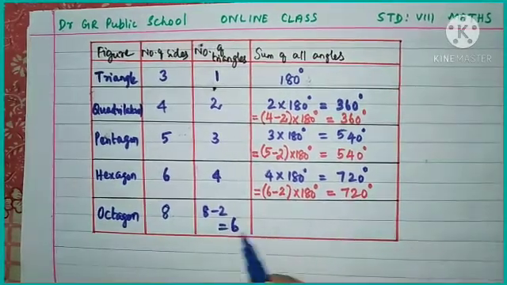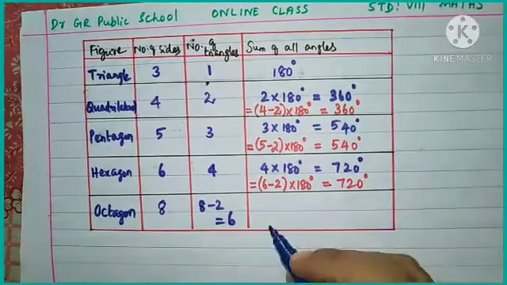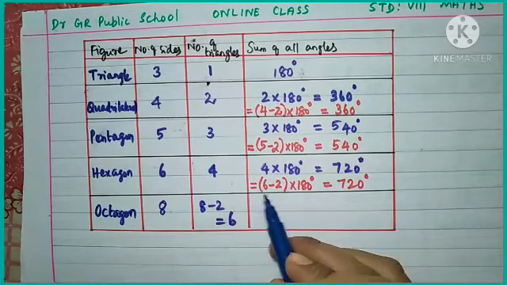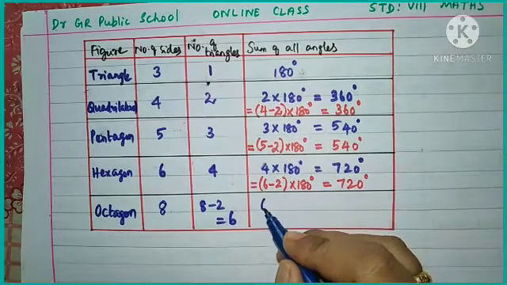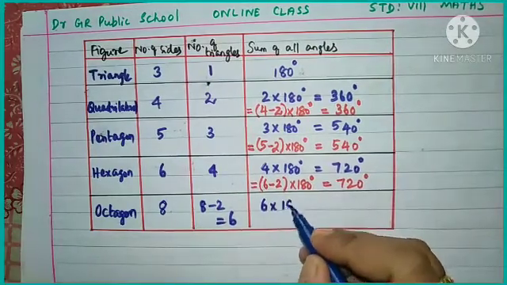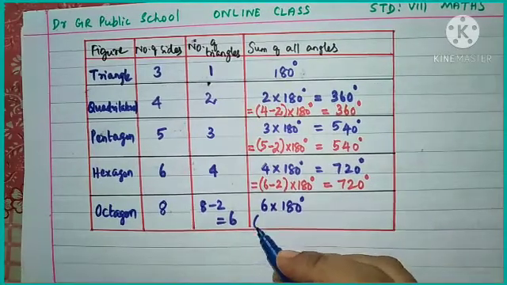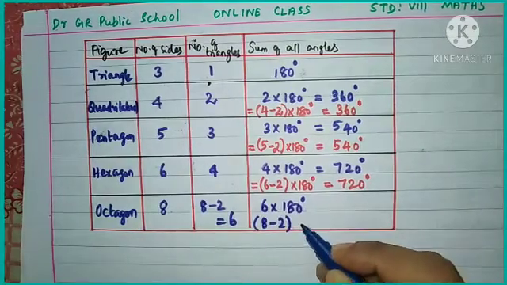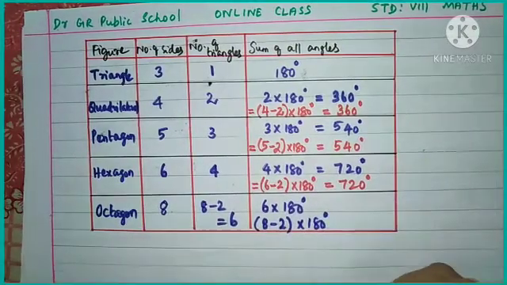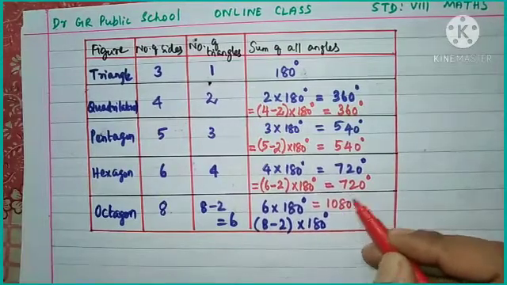Okay. Now we are going to find out the sum of the angles of this octagon using what relation? Yes, we can find that, that is 6 triangles formed into 180 degrees. And how can we write this 6 using the number of sides? Yes, 8 minus 2 into 180 degrees. 6 into 180 is 1080 degrees.